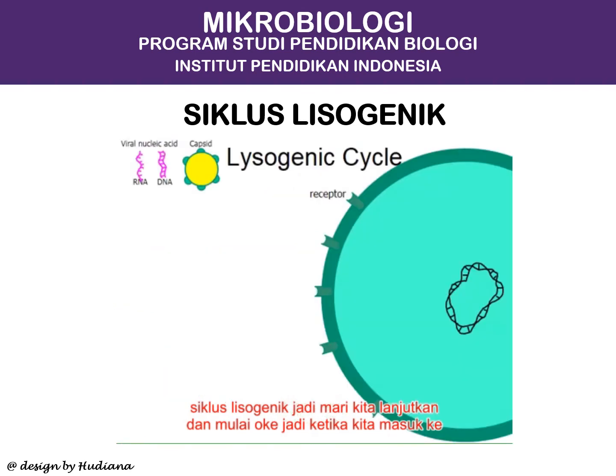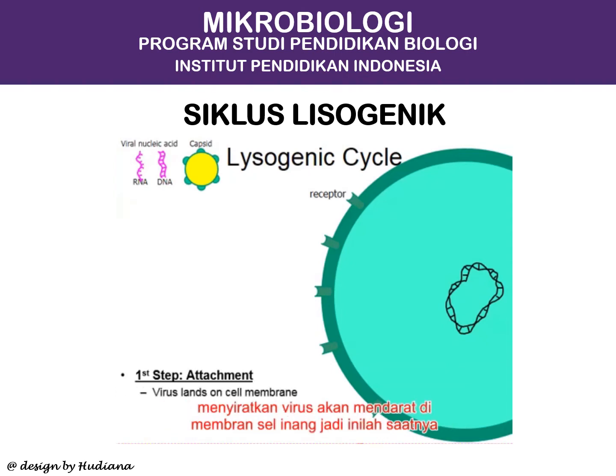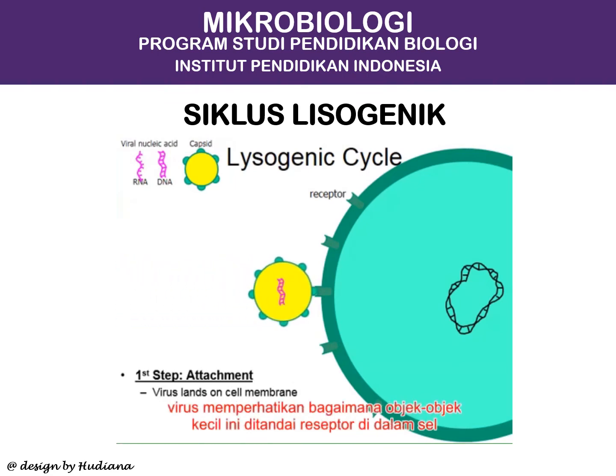Okay, so when we get into the steps of the lysogenic cycle, we can really break it down into 5 stages. And we're going to call the first one the attachment stage. Like the name implies, the virus will land on the cell membrane of the host. So here comes the virus. Notice how there are these little objects marked receptors on the cell membrane.